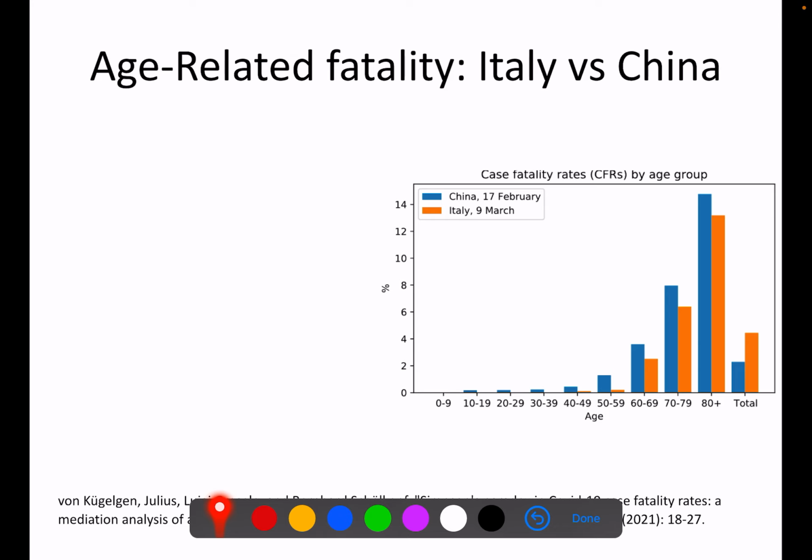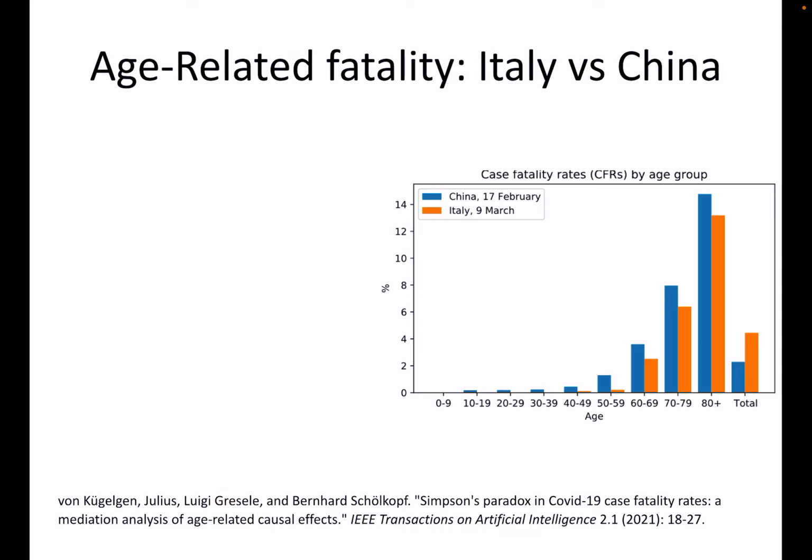The title of the paper is Simpson's Paradox in COVID-19, so I knew that it's related to Simpson's Paradox, but I couldn't figure out what's going on. It's very counterintuitive that in all age groups, Italy has a lower case fatality rate, but overall it has a higher fatality rate, right? So maybe you guys are smarter than me.